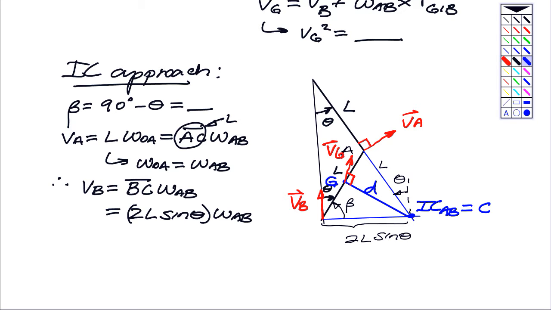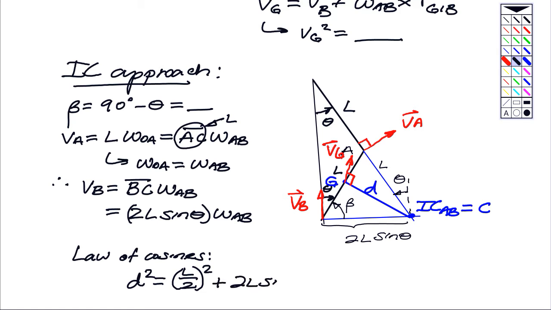From the law of cosines, I can say that D squared is equal to L over 2 squared, that's one side of that angle, plus 2L sine theta, the other side adjacent to that angle, minus 2 times L over 2 times 2L sine theta times the cosine of the angle between those two sides.